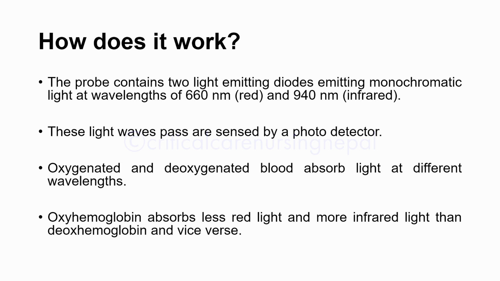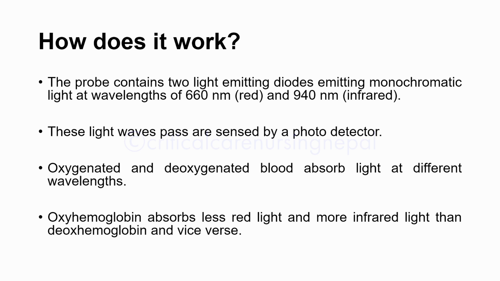In pulse oximetry, there is a probe, and the probe contains two light-emitting diodes that emit monochromatic light at wavelengths of 660 nanometers, which is red light, and 940 nanometers, which is infrared.